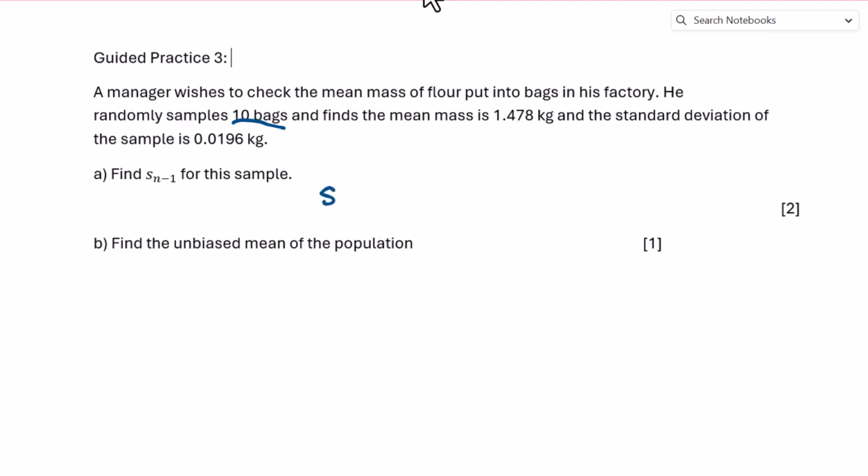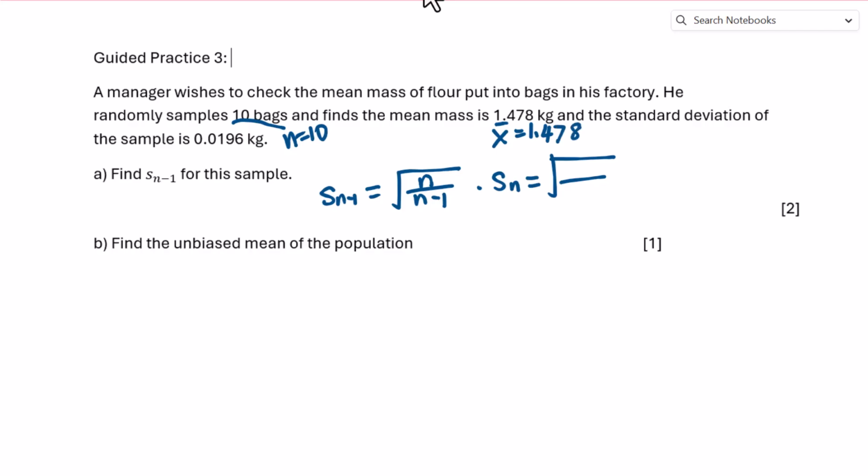We will use this formula. s sub n minus 1 equals the square root of n over n minus 1 times s sub n. n is 10. x bar equals 1.478.